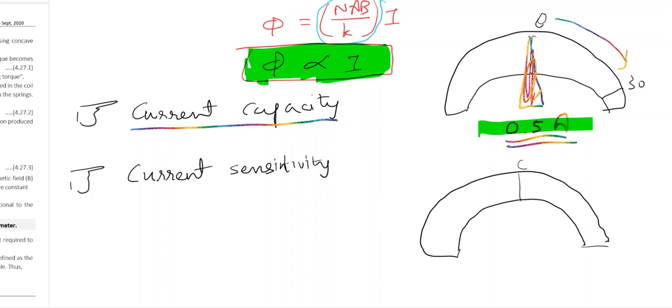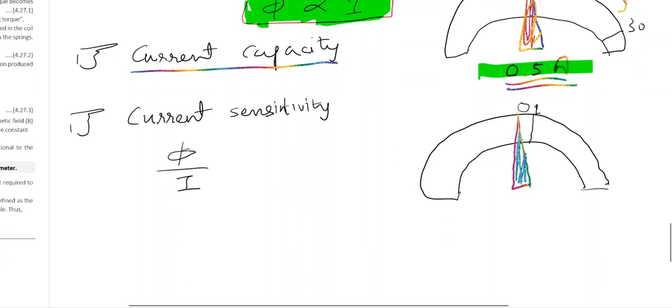Consider galvanometer, and initially suppose this is where my pointer is, then how much current do I need to take this pointer to the mark of 1? So it is the deflection produced by the given current, or deflection per unit current. You pass little current, and how much deflection you are getting, that is called current sensitivity.